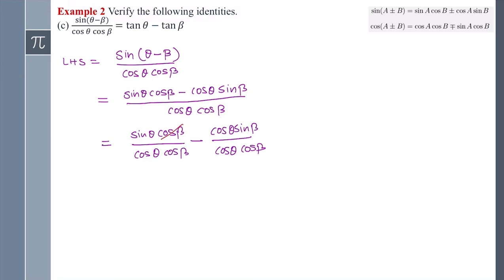We can cancel cosine beta with cosine beta, and cosine theta with cosine theta, which means we will get sine theta over cosine theta, so it is tangent theta here, minus sine beta over cosine beta, which is tangent beta. And that's what we have on the right hand side. So that means we proved this identity.